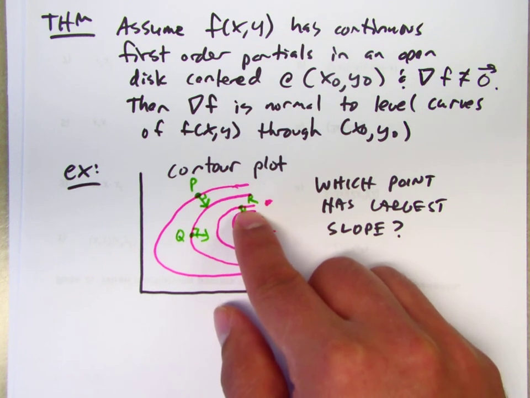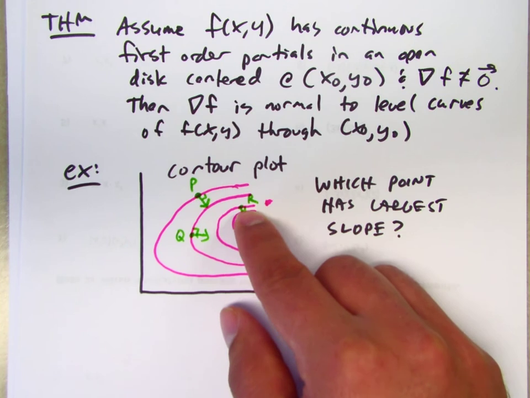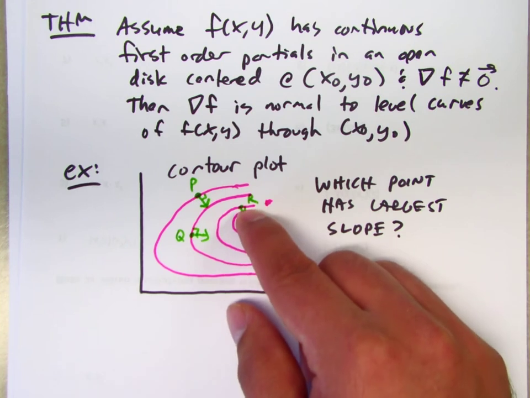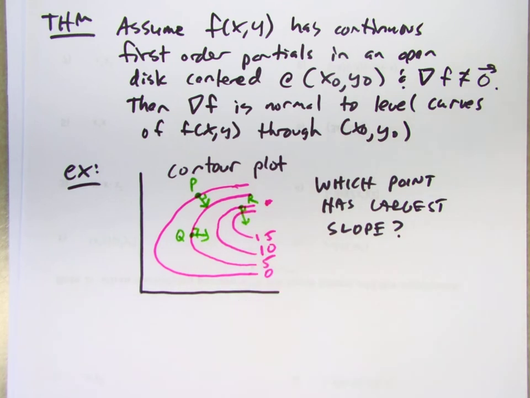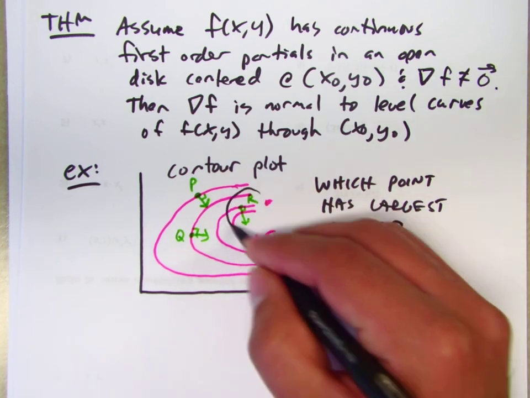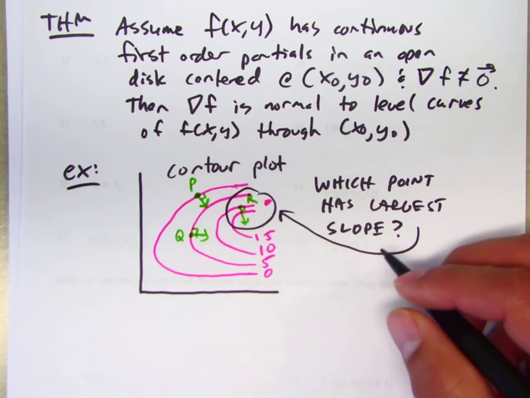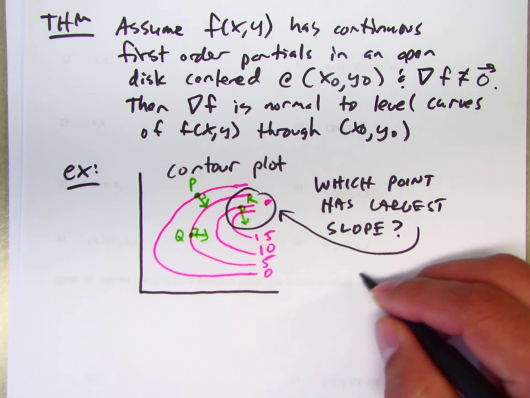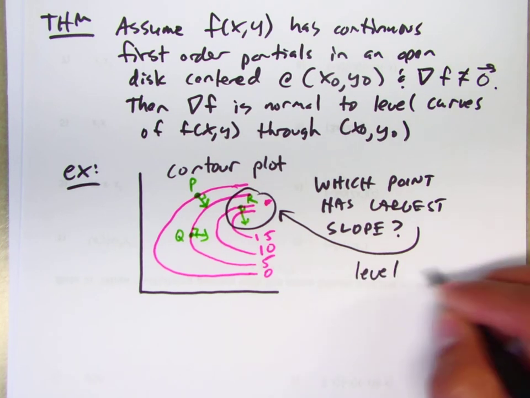And so the closer the contour lines are together, the closer these level curves are together, the steeper the slope that you're going to have. And so I hope it's clear that R is the winner there because the level curves are closer together at that point.